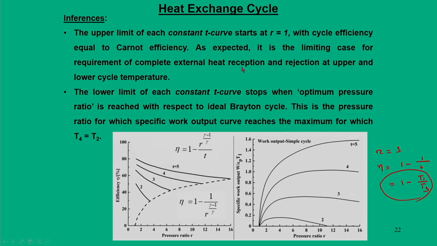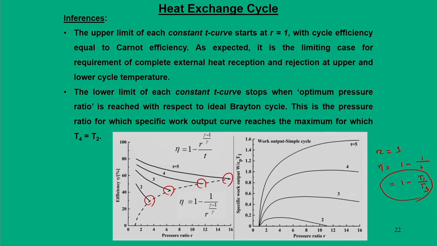It is the limiting case for the requirement of complete external heat reception and rejection at the upper and lower cycle temperatures. The lower limit of the constant T curve stops when the optimum pressure ratio is reached. These are the locations where the constant T curve and the simple cycle intersect.